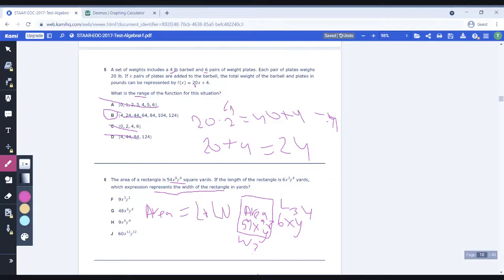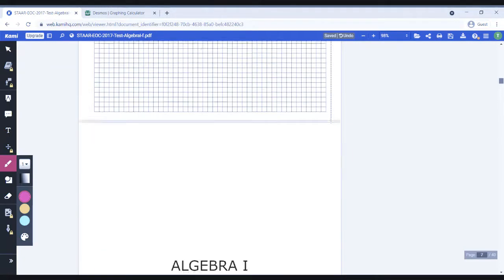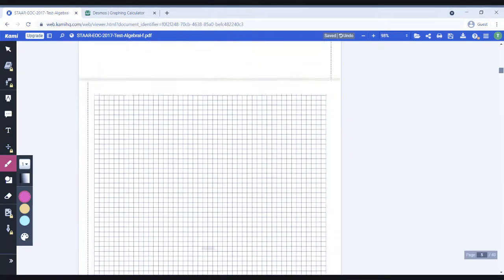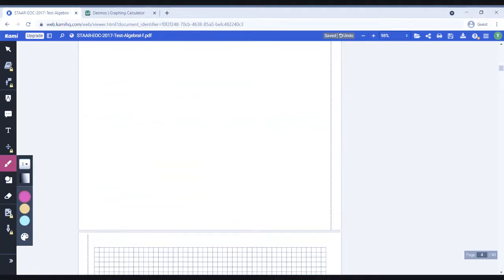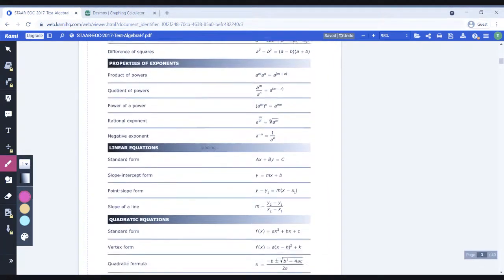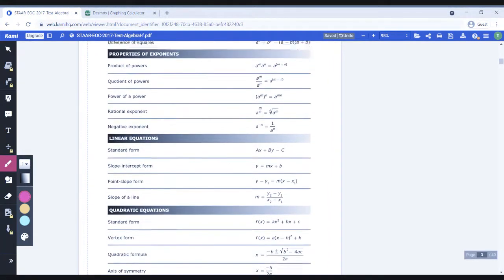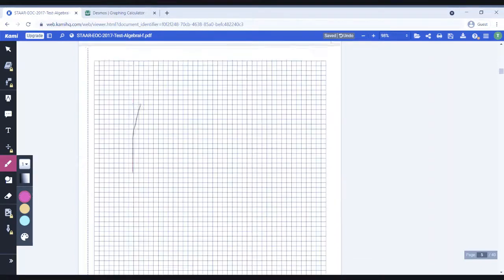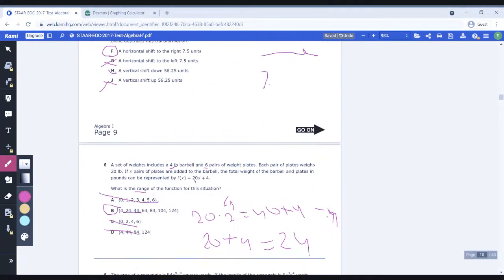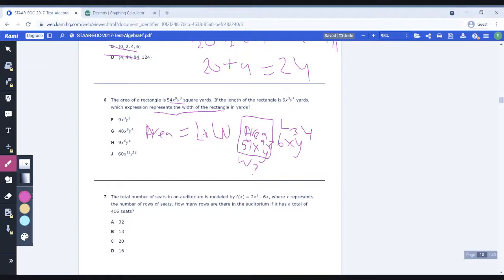I also believe there's a formula chart in the beginning that you can use. I don't think they have it for this one. But area equals length times width, right?